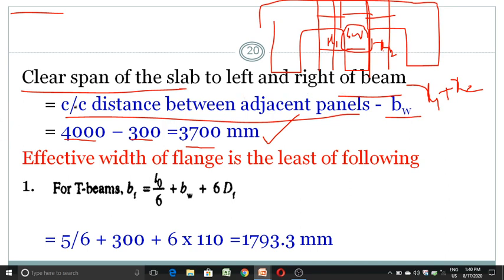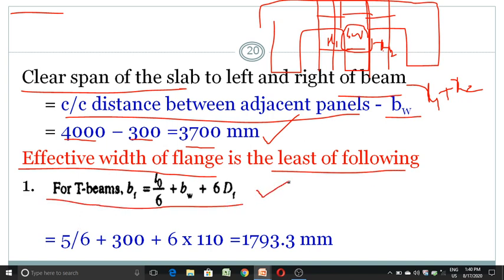Finally, now we have to calculate the effective width of the flange. The effective width of the flange should be the least of the following. One is from the Codal provision, and another is the distance we obtained here. So let us calculate the Codal provision for the effective width of the flange of monolithic T-beams.